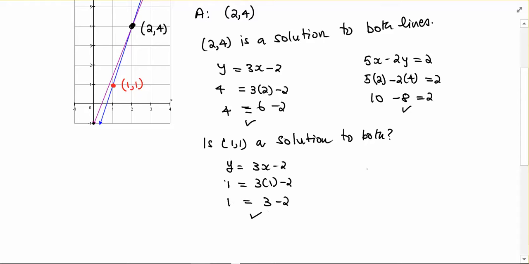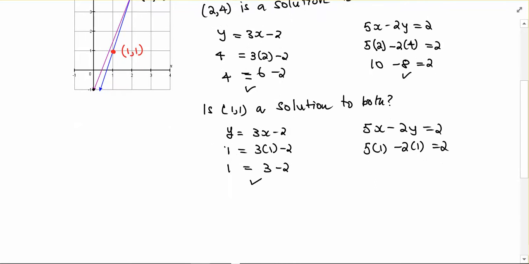How about on the other one? So this time we have 5x minus 2y equals 2. So 5 times 1, 2 times 1. So 5 minus 2 equals 2. 3 equals 2.